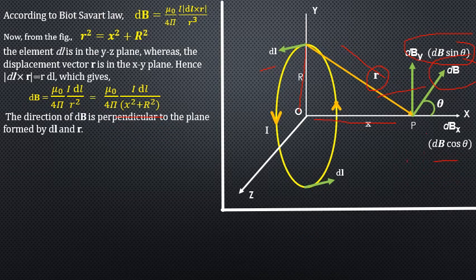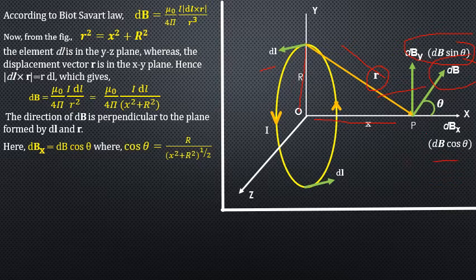Now we know that the direction of dB, we have already shown it in the diagram here. It is perpendicular to both dl and r, the plane of dl and r. Now we will split it into the components dBx and dBy. And as you know, dBx is equal to dB cos theta. So again we find the value of cos theta from this diagram.